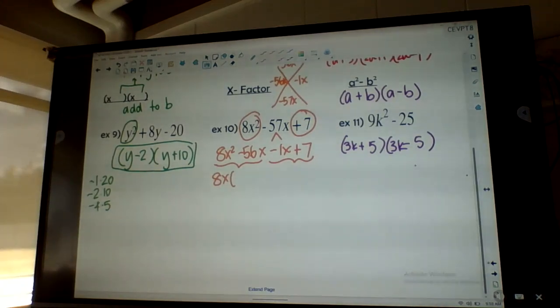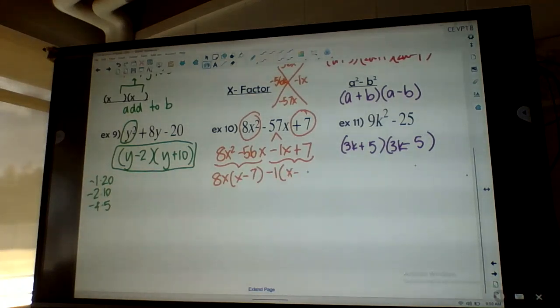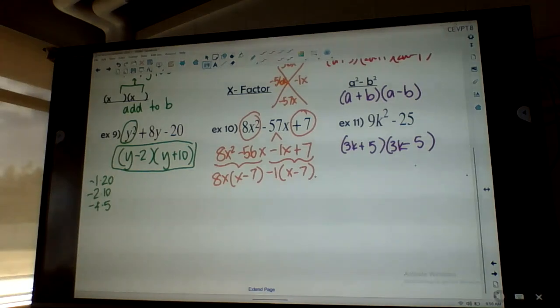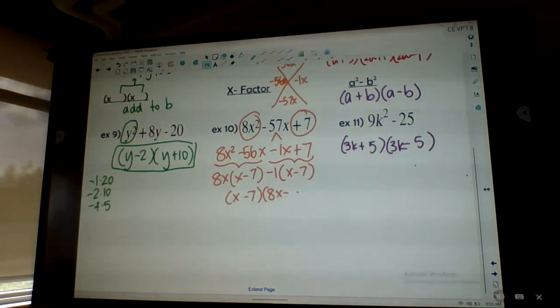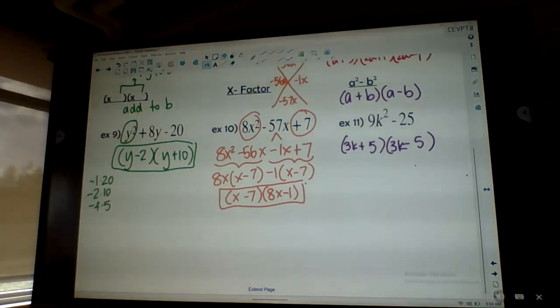So we're going to take out an 8x. I can take out a negative 1. And then we're going to rewrite this one more time. So that would be our factored version.